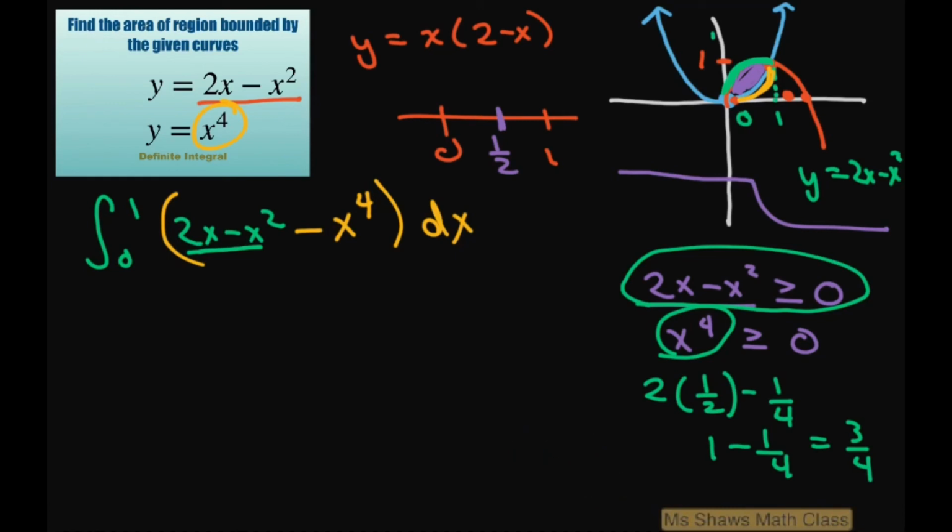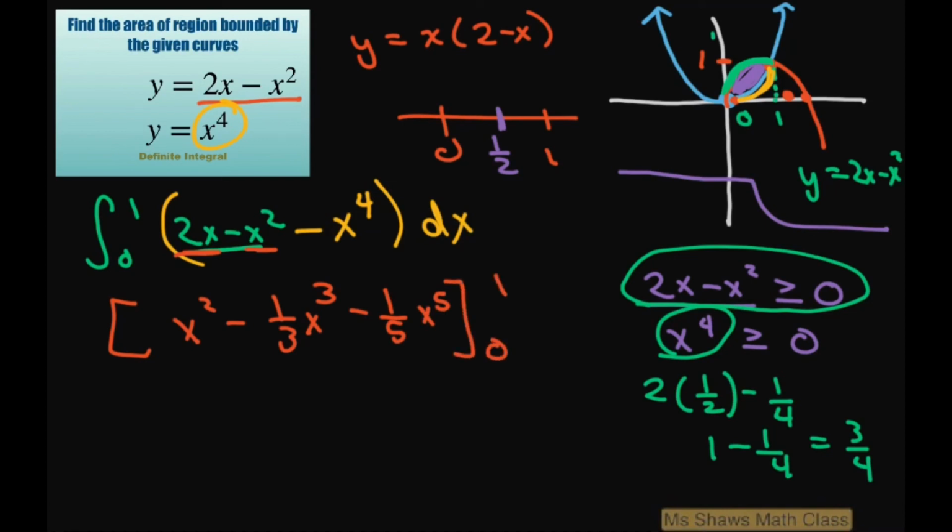Now let's go ahead and simplify this. We can just leave it like that if you want. This piece here is going to be x squared, minus 1/3 x cubed, minus 1/5 x to the power of 5, and we're evaluating this from 0 to 1.